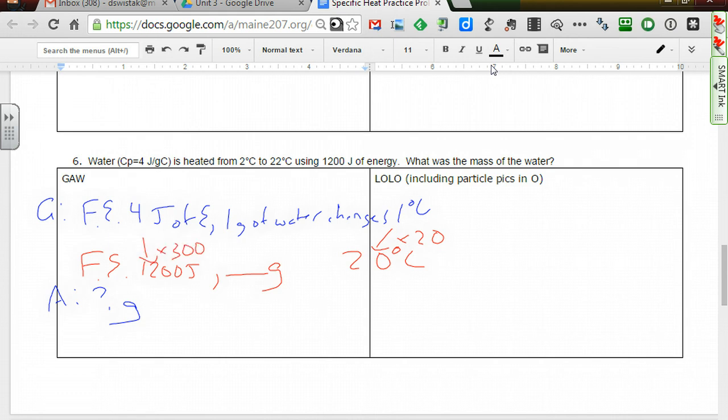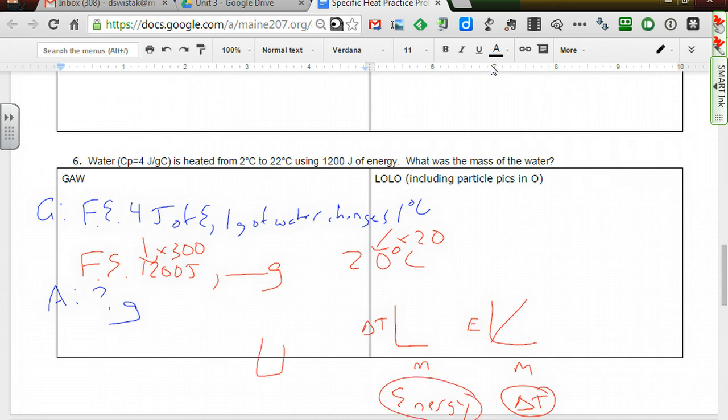Okay, so now I need to think about my graphs. So now I'm comparing mass to change in temperature when energy is constant. And I'm comparing mass to energy when the delta T is constant. Well, if I change the mass and I want to keep the change in temperature constant, I need more energy. If the energy is the same and I increase the mass, remember we said little pot, big pot.